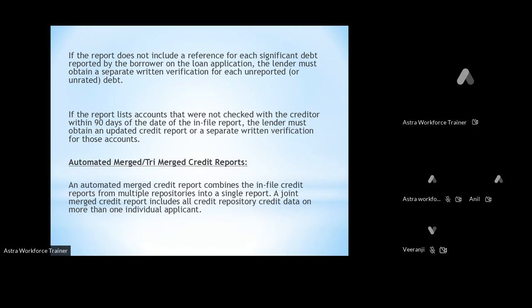As I said already, there are three main repositories we look at while taking a decision in the credit assessment: Experian, TransUnion, and Equifax. All three repositories give their credit score of the borrower, and that is merged and combined into one report. That is called a tri-merged credit report.